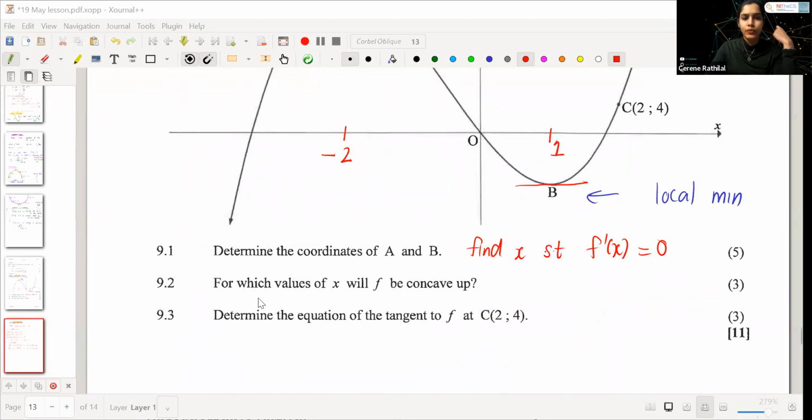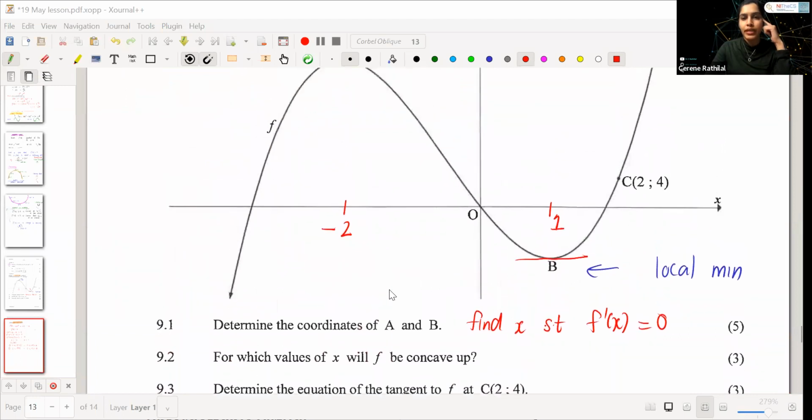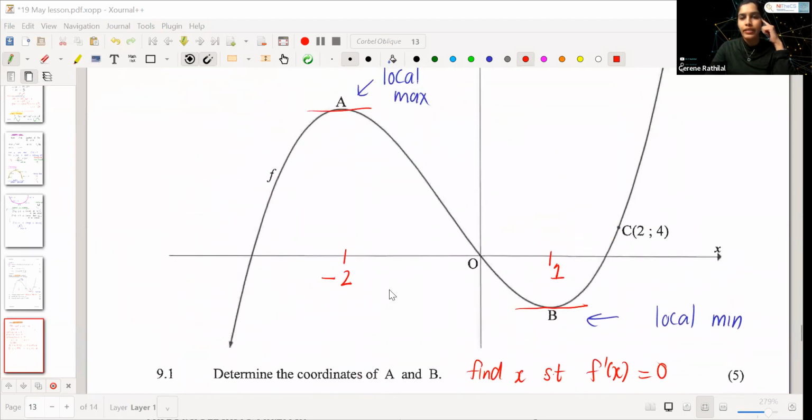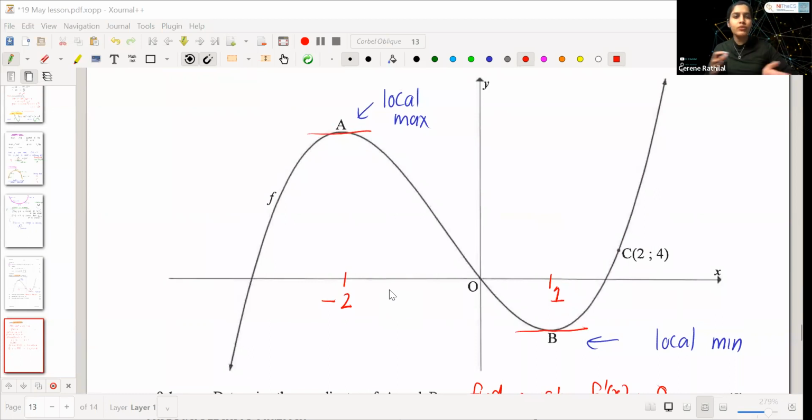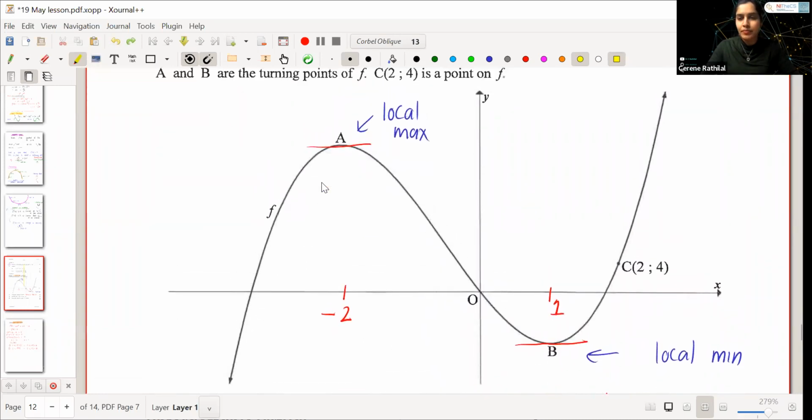And then it says, for which values of x will f be concave up? So we now need to determine when this function is concave up. But I can already kind of see where it is concave up based on what we've learned. Concave up is taking place along this region here.